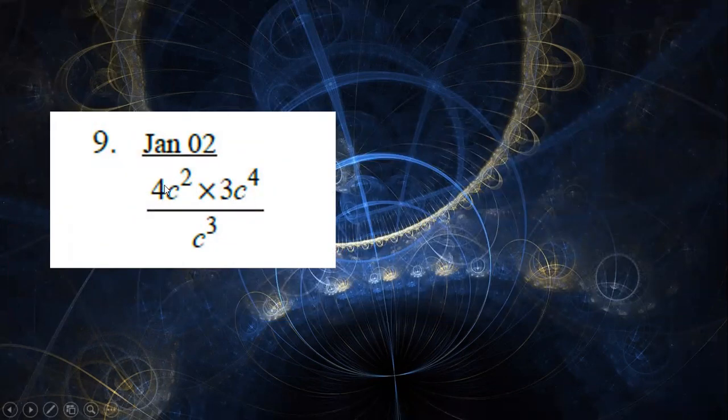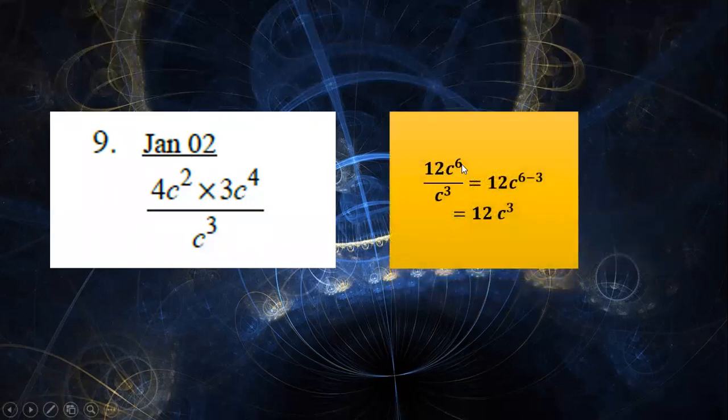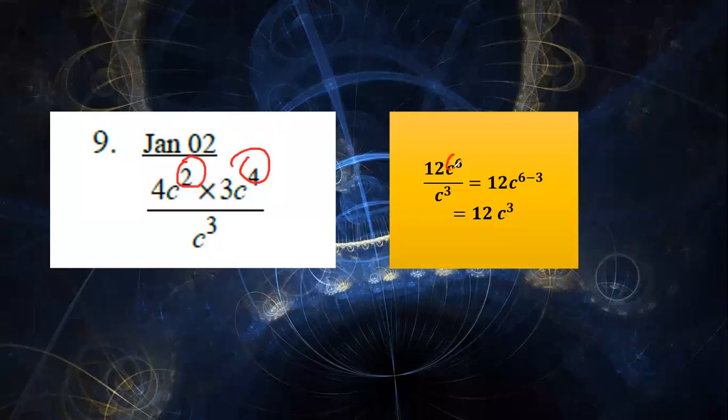Indices. 4c squared multiplied by 3c to the power of 4 over c cubed. Let's use indices to simplify this. It's going to be 12c to the power of 6. How did I get 12c to the power of 6? Because when I multiply indices, I add the powers. 2 added to 4 is going to give me 6. Any questions there?